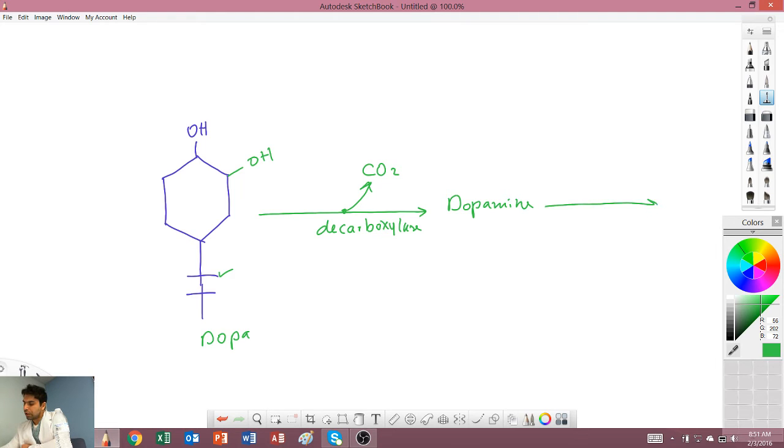Dopamine can be further hydroxylated. The difference between DOPA and dopamine is simply here: DOPA has the OH and COO, and dopamine doesn't. Hydroxylation of dopamine gives you norepinephrine, and norepinephrine can be further converted to epinephrine.